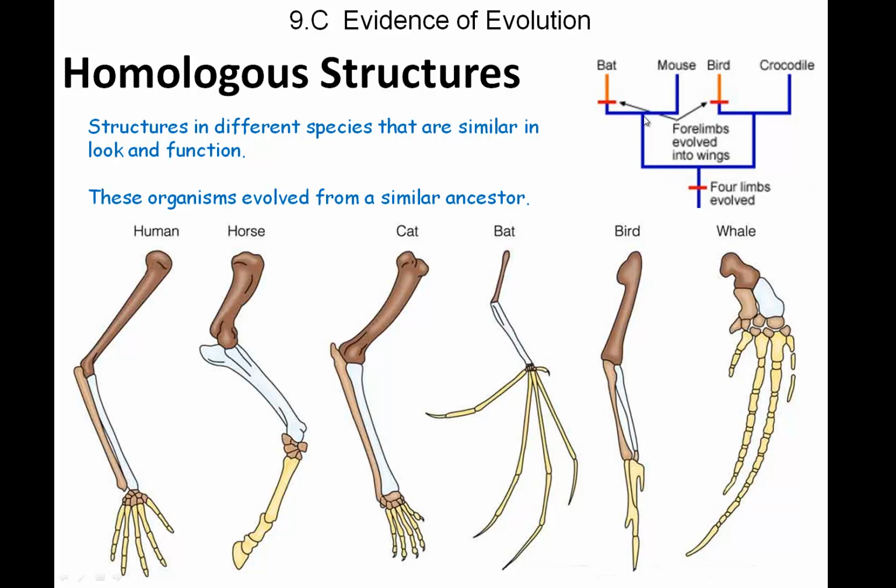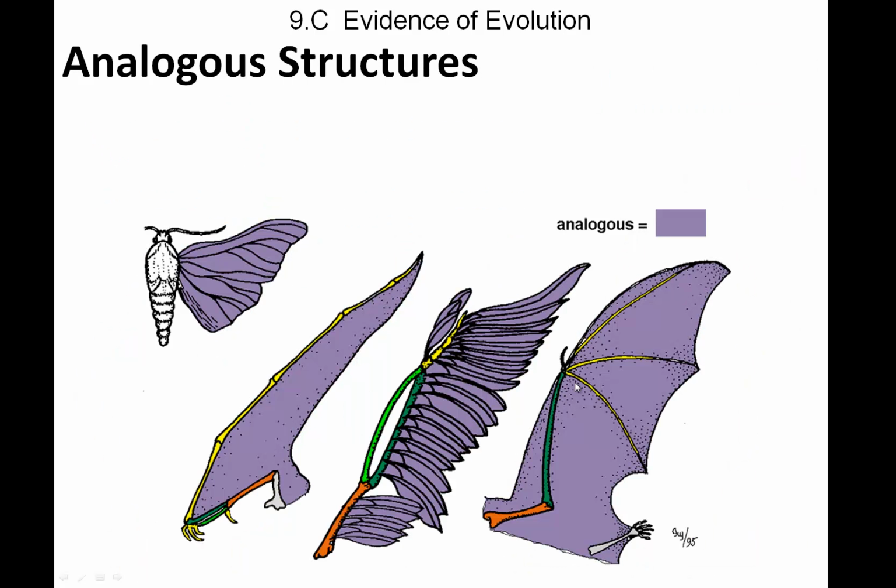We have the mammals going off this way, and the non-mammals, birds and crocodiles, going off this way. But if we look at this one, we've got a bat and a bird having the same sort of structure for the same purpose. Looks very much the same. They're not homologous structures, they're analogous structures.